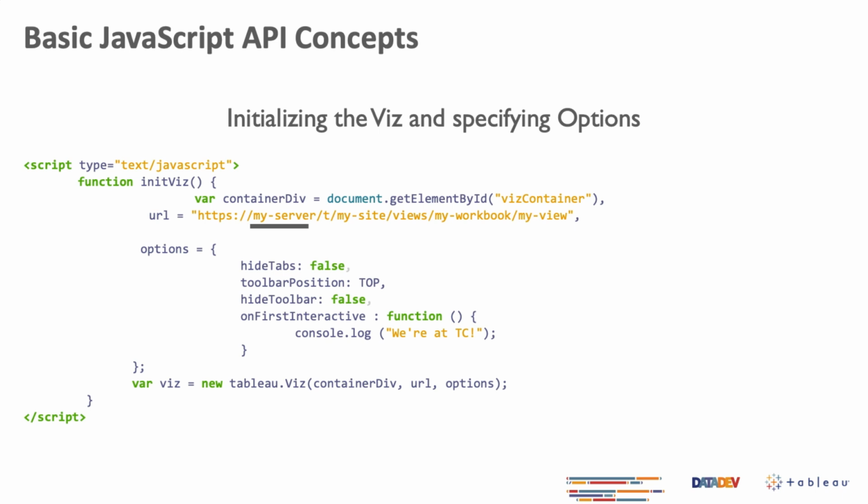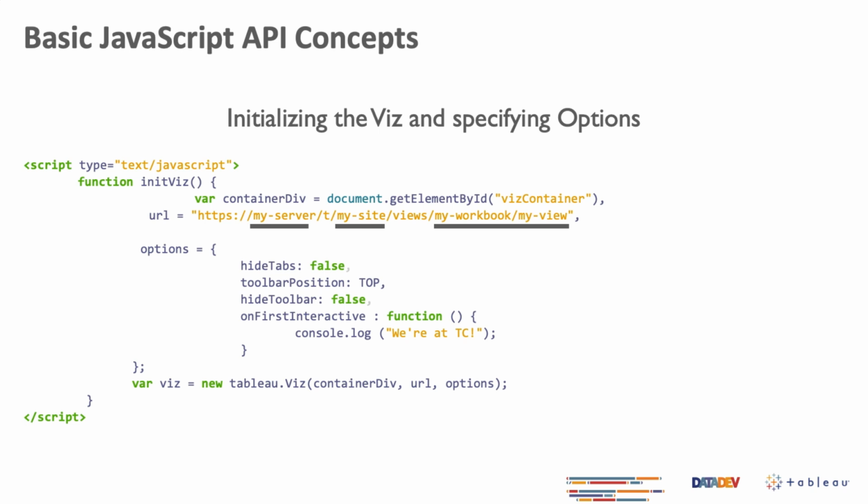First, the URL of the viz has the name of the server, or if you're using Tableau Online, the URL of Tableau Online. You then define your site, so which site your visualization is on, and then you define your workbook and which of your views you want to display in your application.